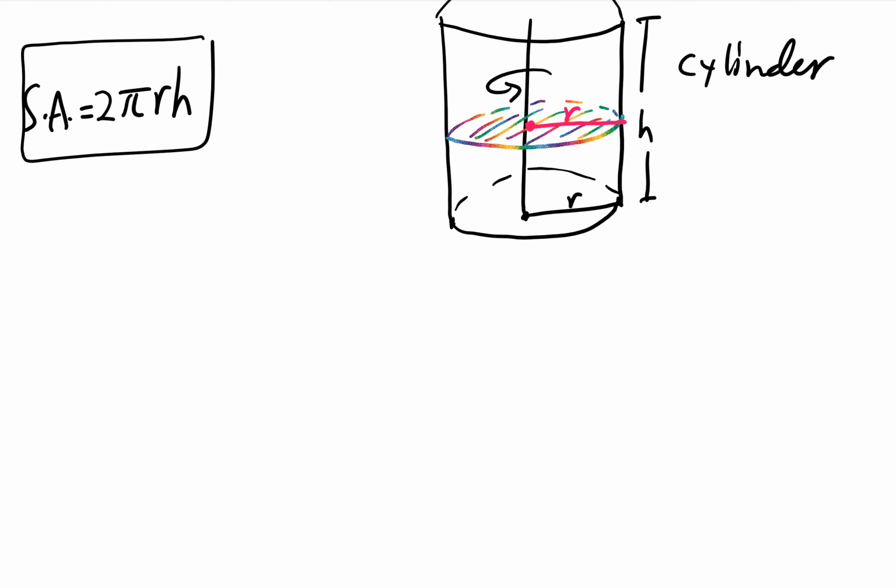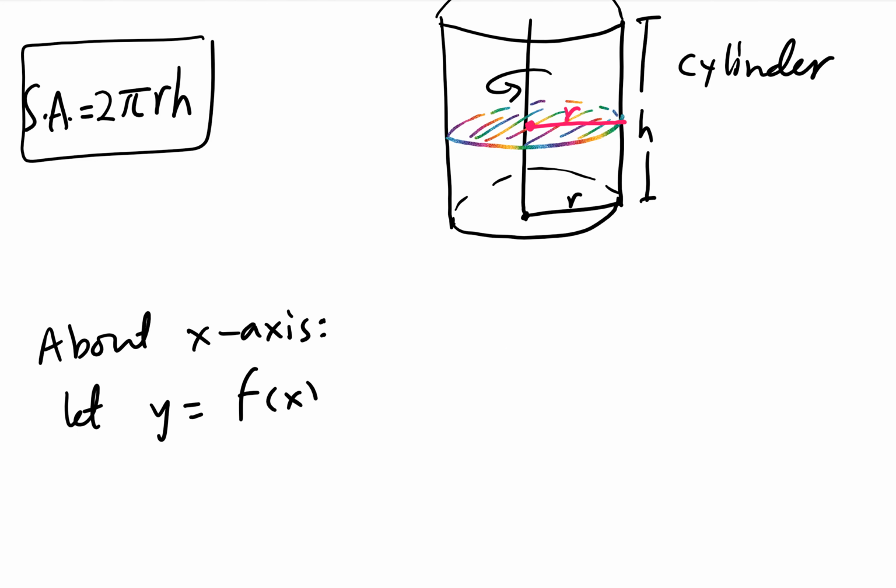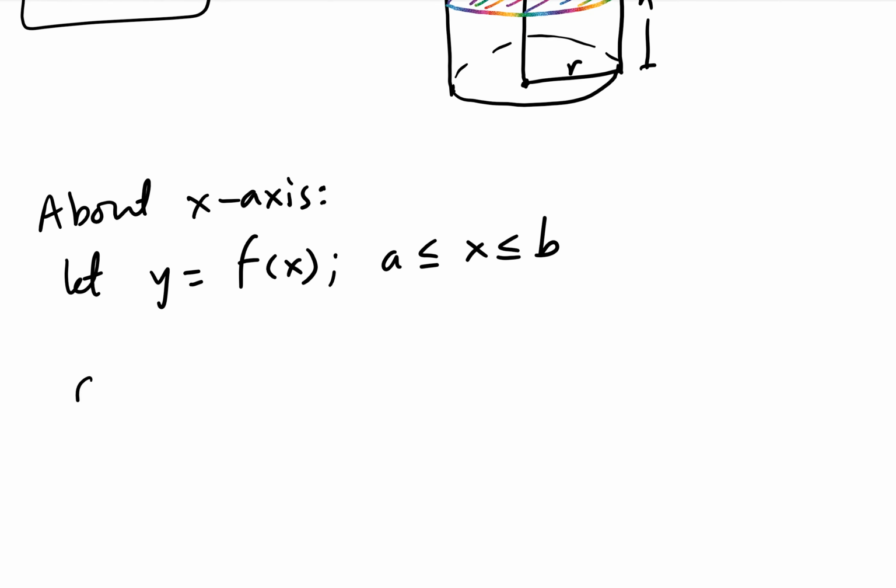So in this case, let's say we are rotating about the x-axis. We're going to look at two cases, either about the x-axis or y-axis. So about the x-axis, let y equals f of x be the equation of the curve we are rotating from x equals a to x equals b. Then the surface area, watch how we're going to define it.